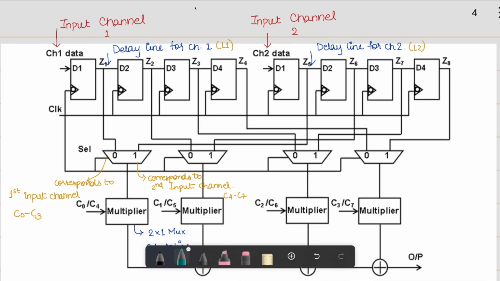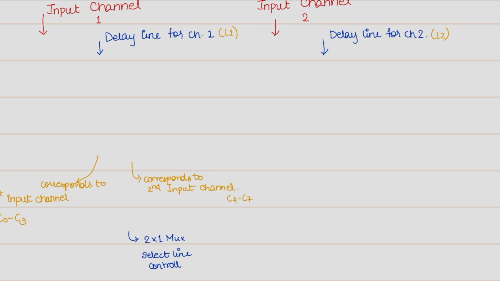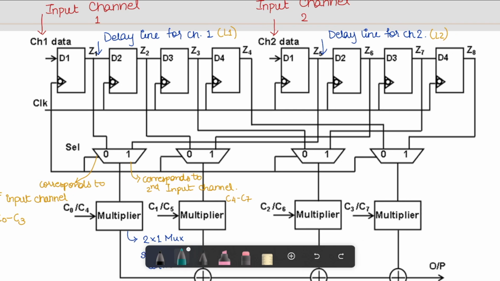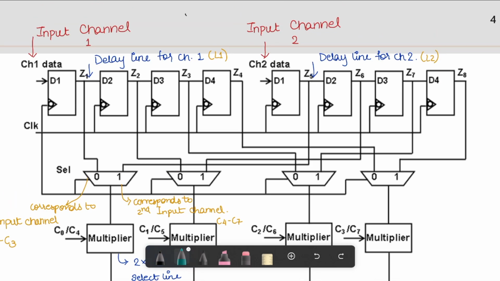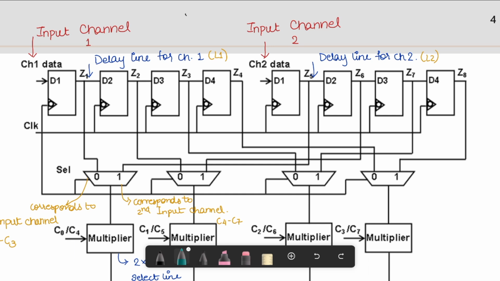Over here, the Z^-1 represents a delay line. The CH1 data represents channel 1 and CH2 data represents the data on channel 2. Over here, Z1, Z2, Z3 and Z4 are delay lines for channel number 1, while Z5 to Z8 are delay lines reserved for channel 2.